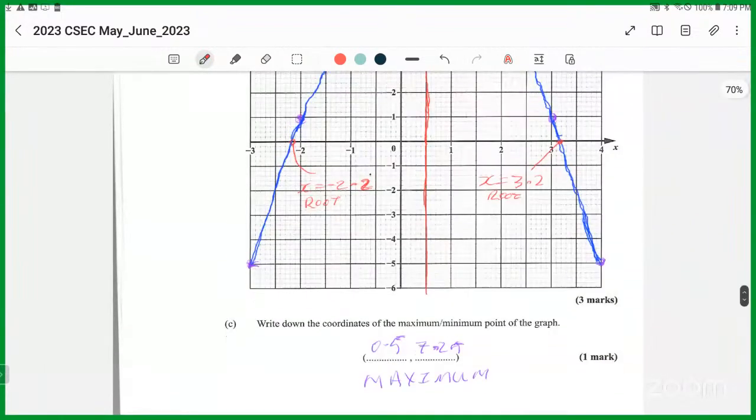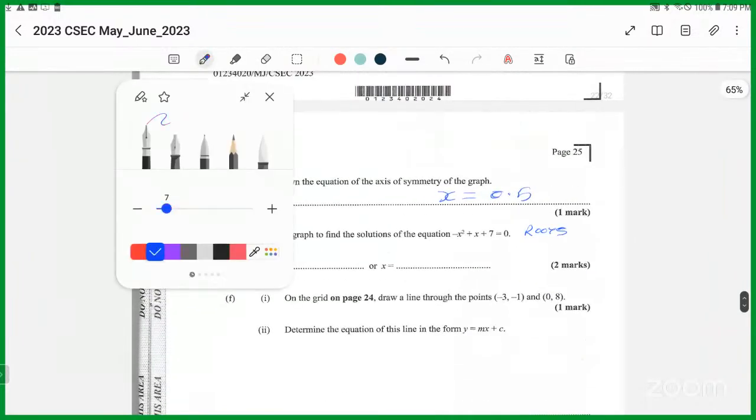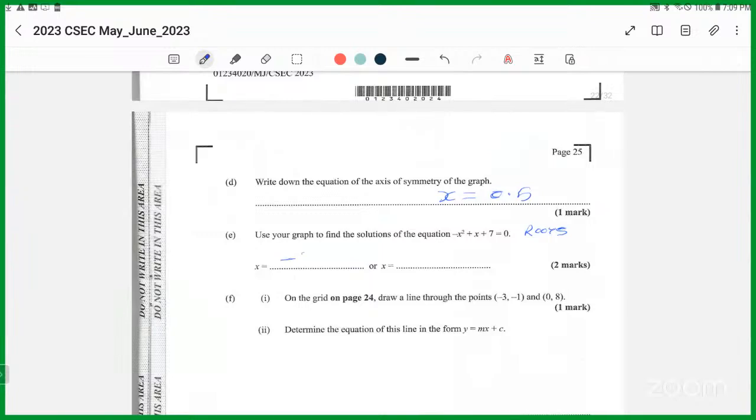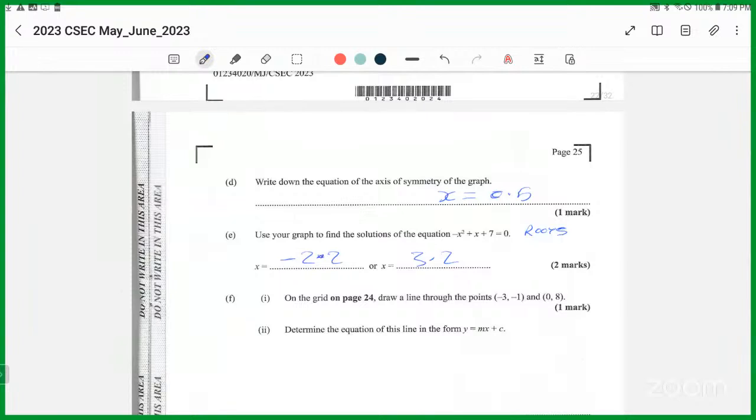I'm showing you more, I use my graph. X equals negative 2.2 and 3.2. Very good.